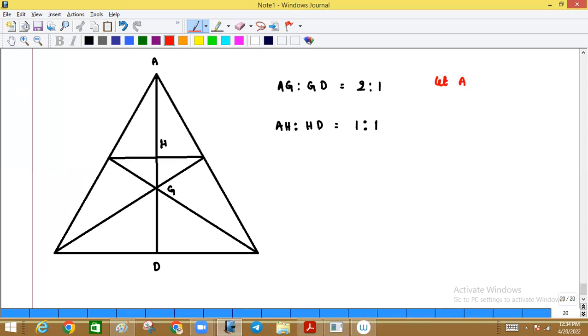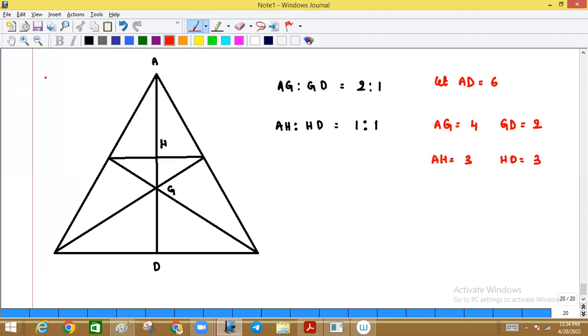Let AD be equal to 6. You divide AD in 2:1 ratio. We know AG is 3 parts, 6 means each part is 2. 2 twos are 4. What is GD? It's 2. AH is 3, HD is 3.